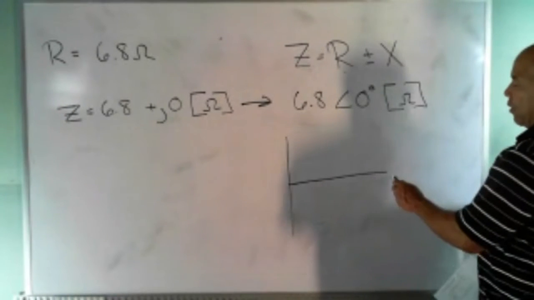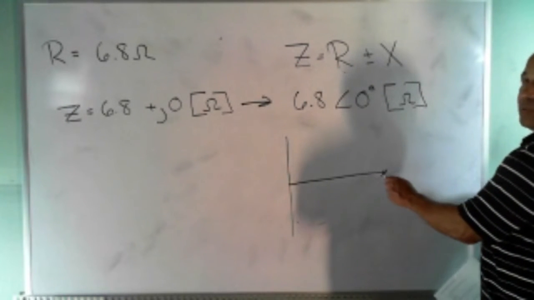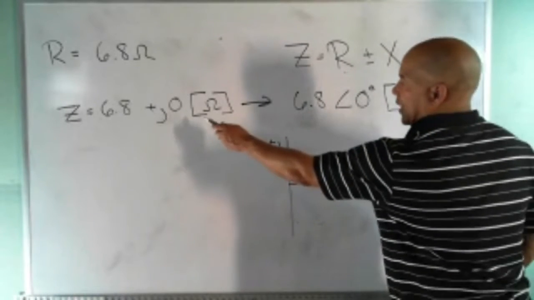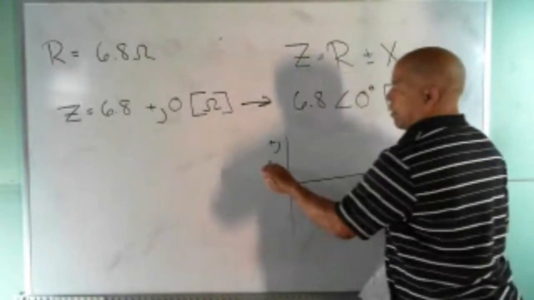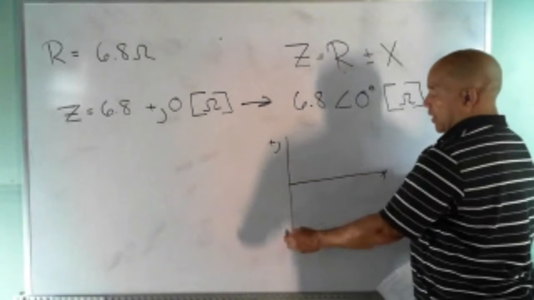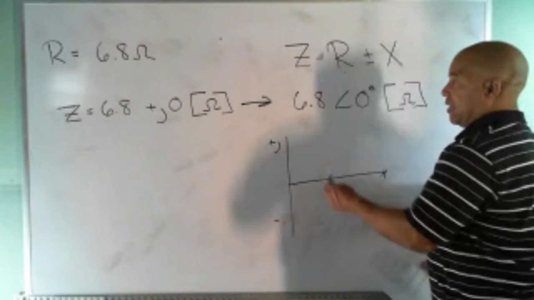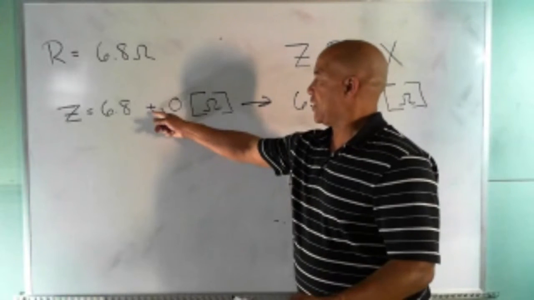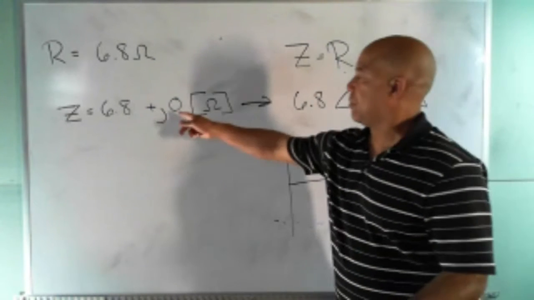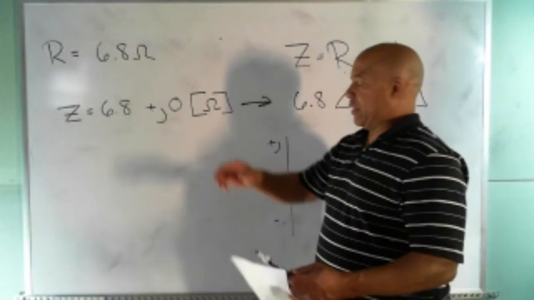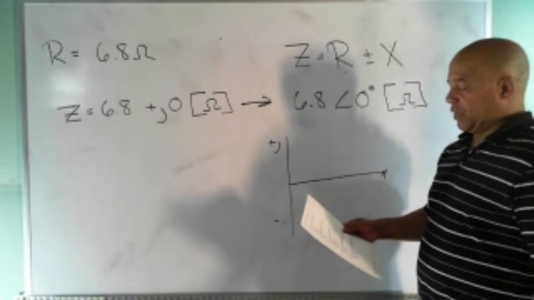If the J is 0, I know I'm on this axis, so my phase would be 0 degrees. If I have a positive J, my phase angle would be 90, and the negative J will be minus 90, with the sign, positive or negative, and the magnitude. But now, you'll see on the next one. So let me just go to the next one.